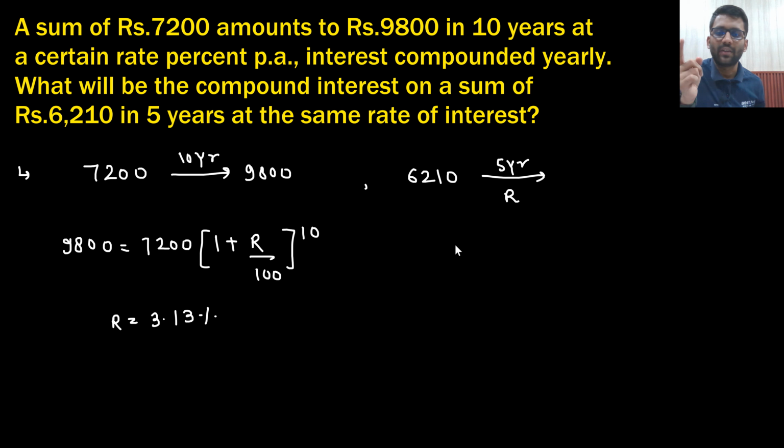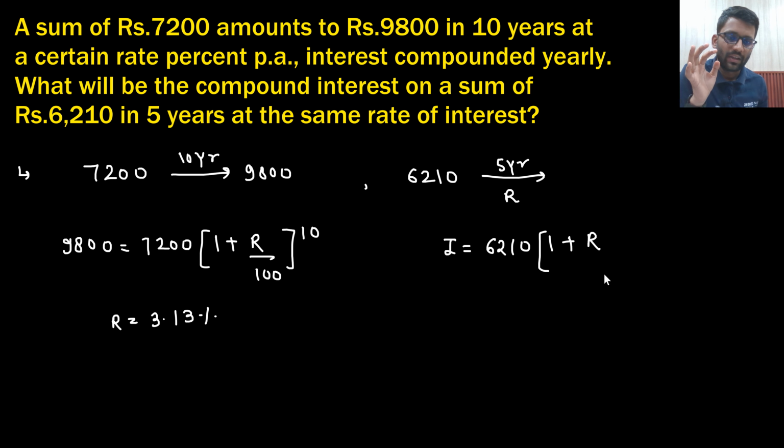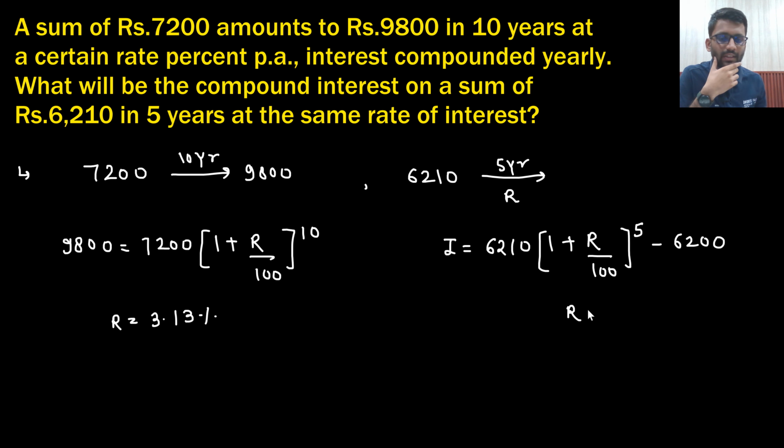Now the same thing we have to do, we have to find the interest only. What will be the compound interest? So what will be the interest? 6210 into (1 plus r by 100) to the power 5, minus 6210, where r is 3.13.